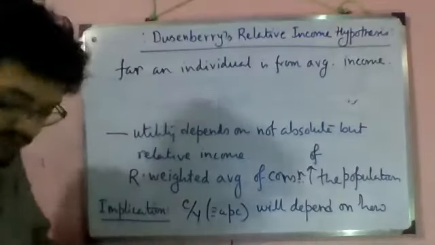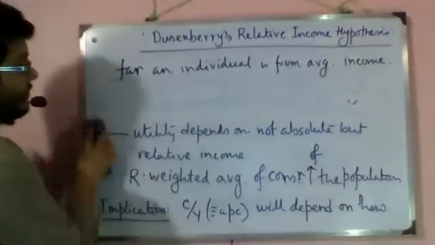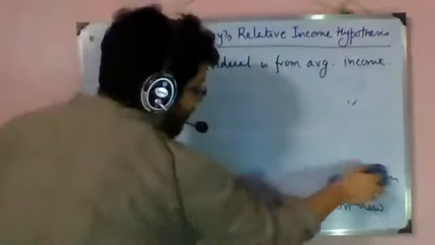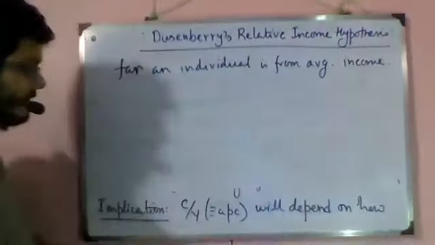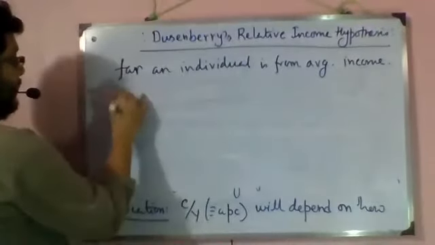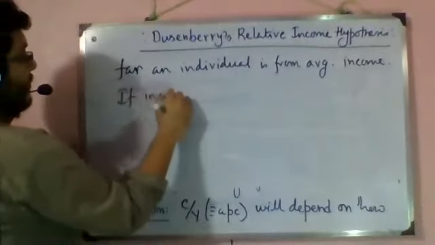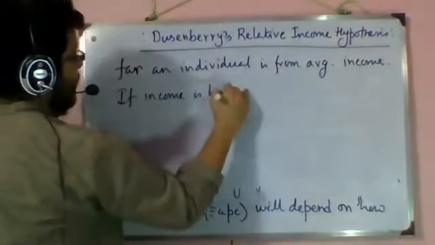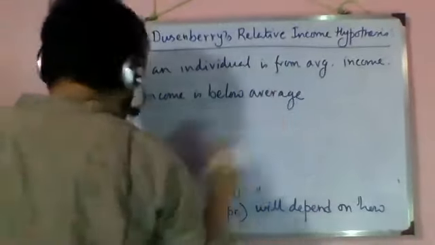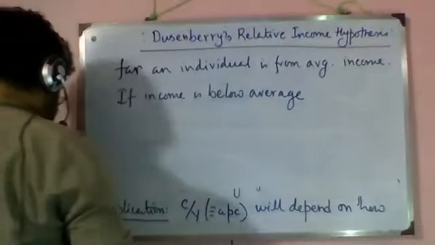And so we can divide this implication in two parts. Part one is that if income is below average, then essentially you are struggling to be at par.